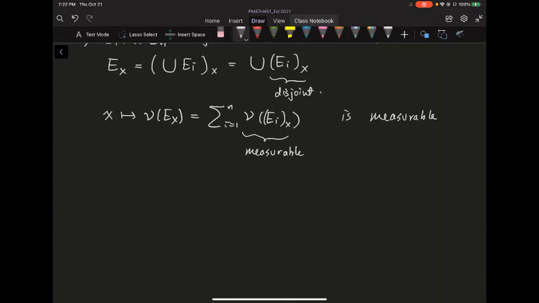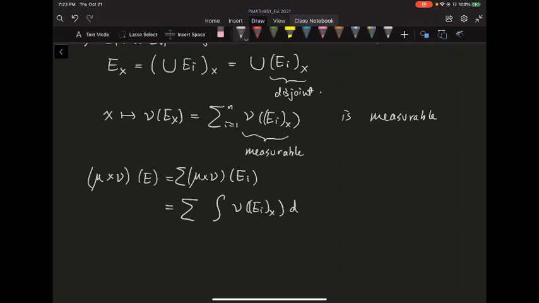And if you want to compute the mu cross nu of this E, because this is a product measure and you have a disjoint union, this is the summation of mu cross nu of these Ei. Each of these Ei, you can write as the integral of, for example, nu of Ei x, integrated over x, d mu x.